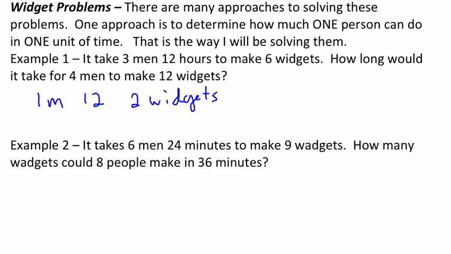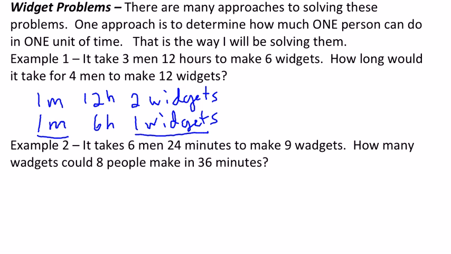There are 2 ways to think about it. On this particular problem, because of the way the numbers work, it's probably easiest to say it takes 1 man 6 hours. So if he can do 2 widgets in 12 hours, then he can do 1 widget in 6 hours. And so in general, what you're looking for is 2 of the things to be 1. It just makes your life a lot easier.